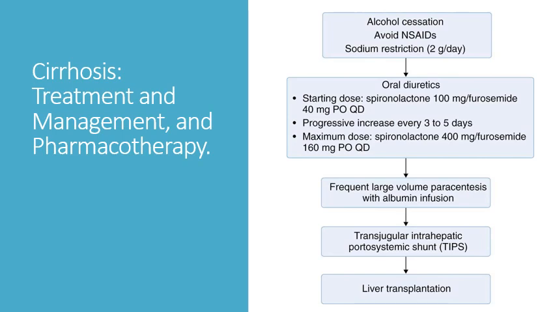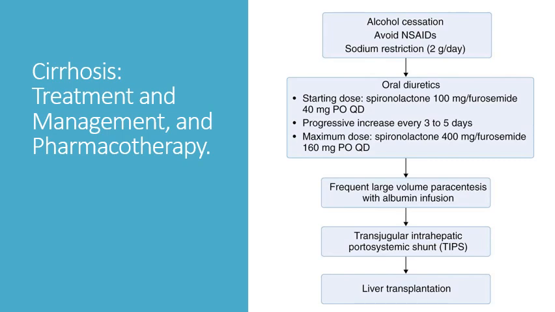What if this fails? Then you would start conducting paracentesis with albumin infusion. So basically, when large volumes of fluid are evacuated from the abdomen, the patient will lose lots of albumin, and to avoid hypoalbuminemia, you will give intravenous injections of albumin. And then we are getting into specialty domains, into TIPS, transjugular intrahepatic portosystemic shunts, and then liver transplant.